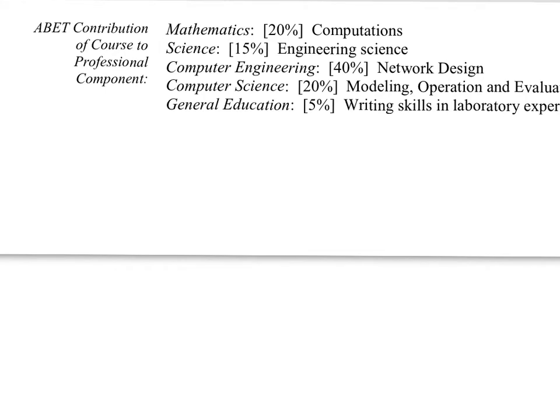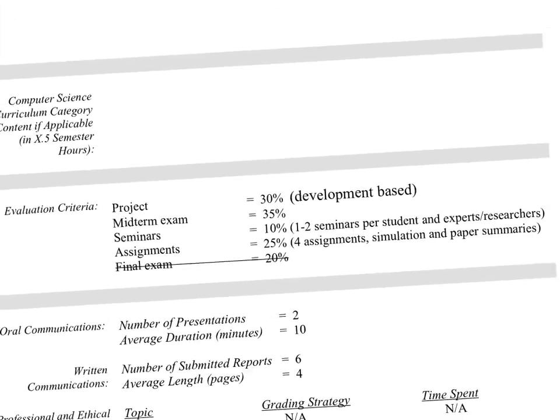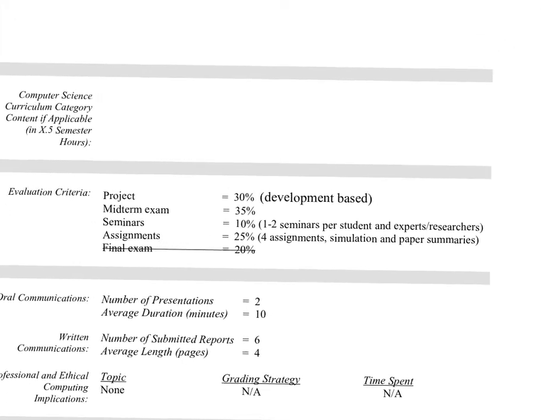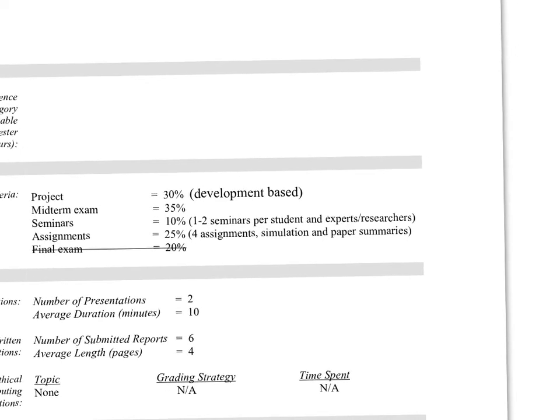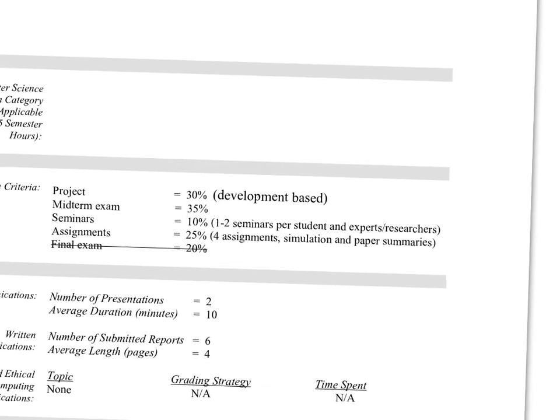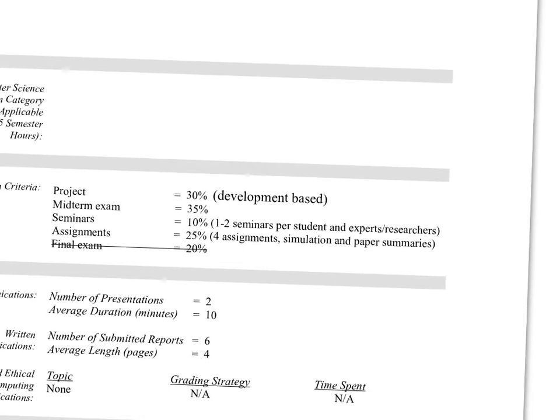Okay, so the last or the most important part is the assessment. Okay, so again, one thing that I have done this year clearly is the fact that I have actually removed the final. There is no requirement for the final because it's a project-based course.